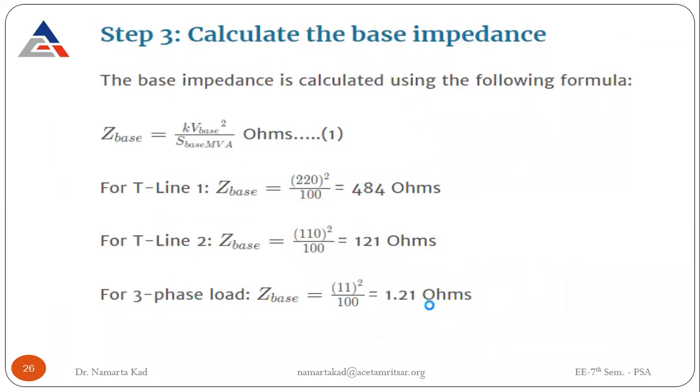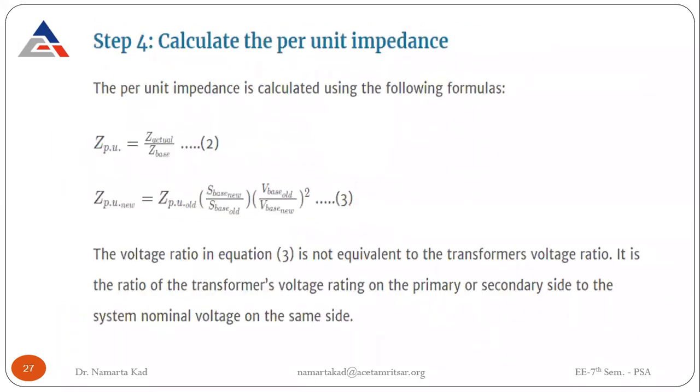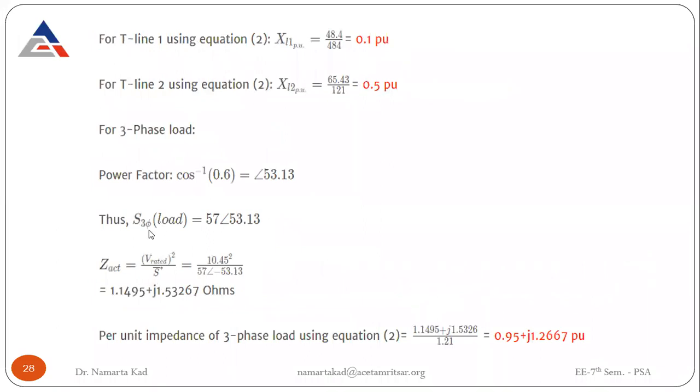Now come here. For the three phase load, it comes out to be 57 angle 53.13. This 57 is given. The Z actual value is V square by S. Firstly, we have to calculate the actual value, and only then will we be able to calculate the per unit value.